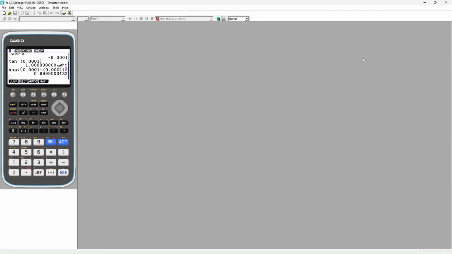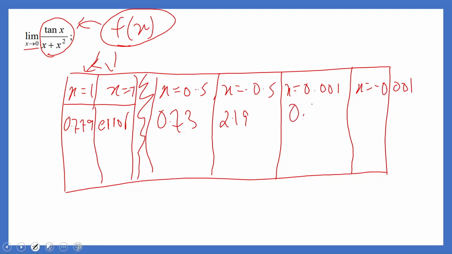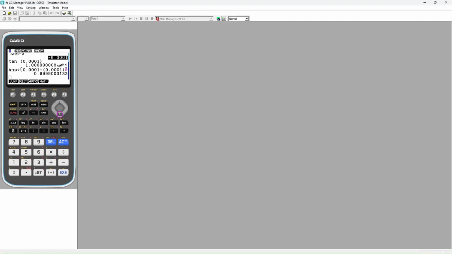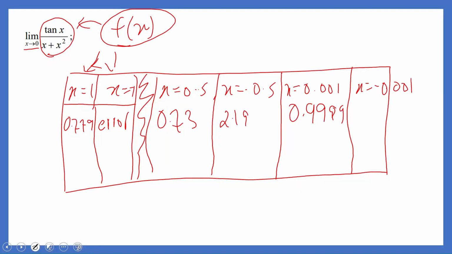This is going to be 0.9999. Same thing with minus 0.001. So I'm going to put minus over here, and then minus over here, and then minus over here. This is what? 1.0000.